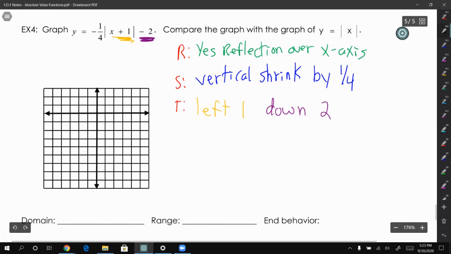So this means our vertex is at -1, -2. So here's our vertex. The a value is -1/4. So that means from our vertex we're going to go down 1 and right 4. From our vertex we go down 1 and left 4.